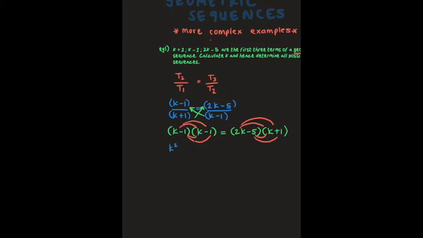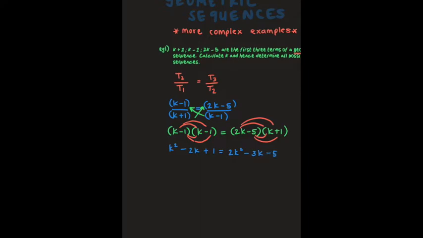It's going to be k squared minus 2k, and then minus 1 times minus 1 is positive 1. On the right hand side, 2k times k is 2k squared, plus 2k minus 5k, which is minus 3k, minus 5.